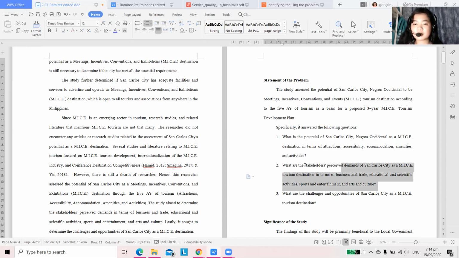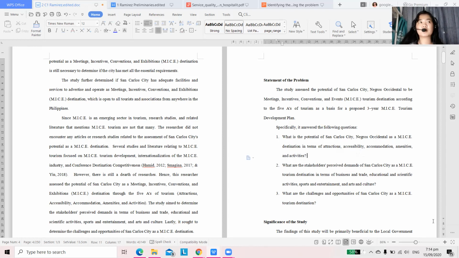What this means, class, is that the tourists who come to San Carlos City, and mostly the conferences or conventions, have purposes such as business, educational purposes, sports or competition, or arts, like the Panaad or festivals. Then what are their demands once we become a host of a major event in San Carlos City when it comes to business?